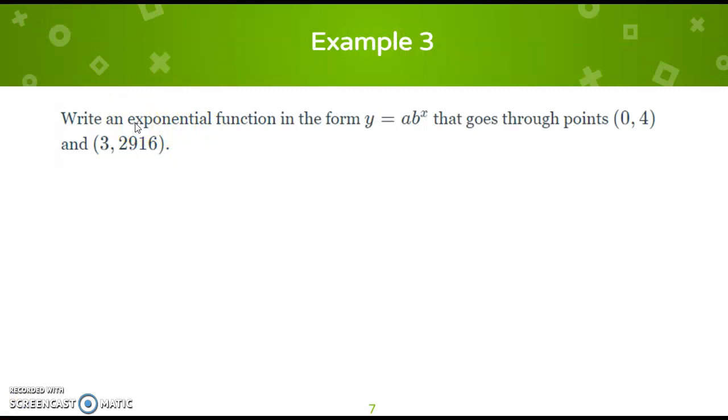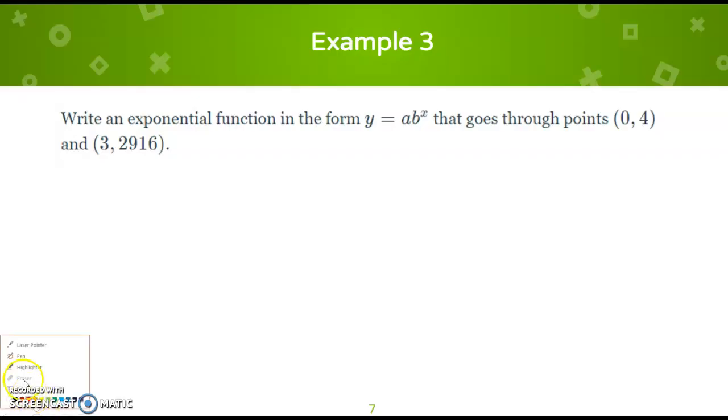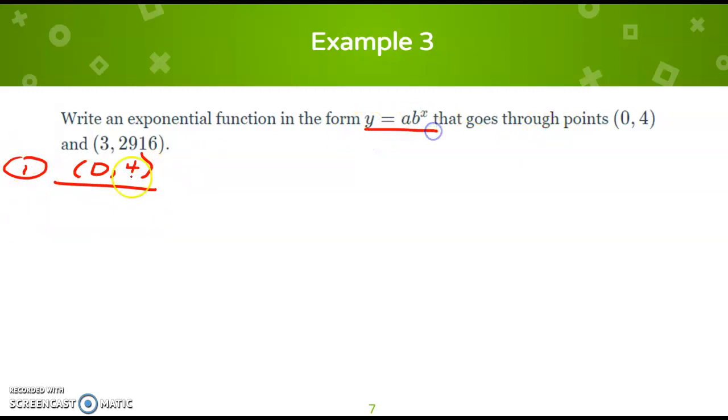Okay, so I want you to write an exponential equation in the form y equals a b to the x that goes through the points (0, 4) and (3, 2,916). My first step is to use the point (0, 4) to find A. If I have y equals a b to the x, for y, I'm going to put in 4.